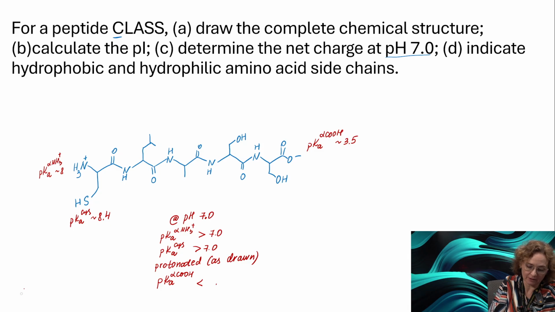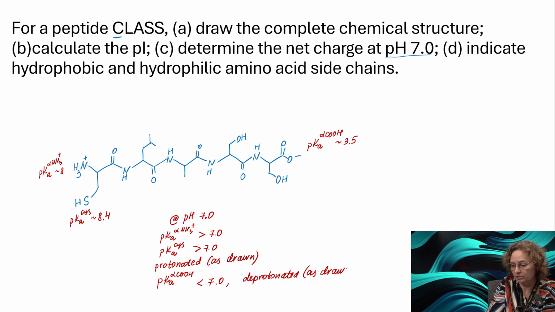And because of that, we know that the carboxyl group will be deprotonated and negatively charged, again as drawn. So pretty much the structure that we already drew will be exactly the structure that we want to draw at pH 7.